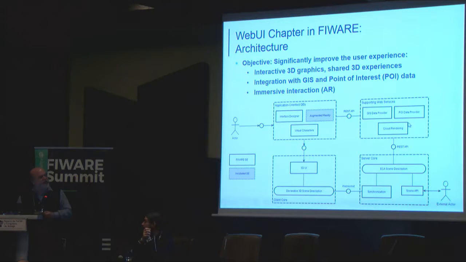And then on the server side, we have some supporting generic enablers for displaying geographic information data as well as point of interest data. And you will learn more about that later on. We also have rendering on the server side as part of this architecture.